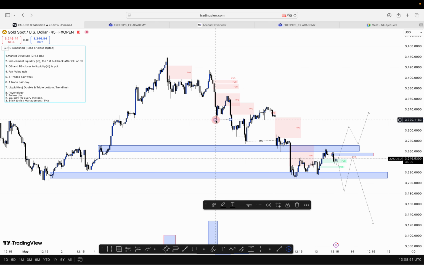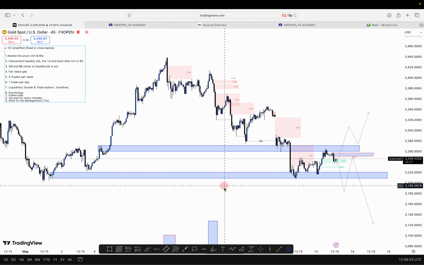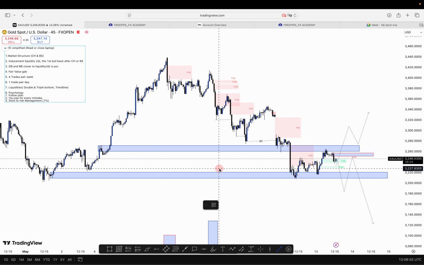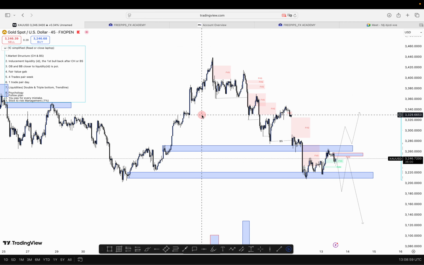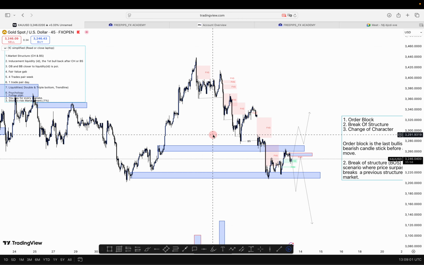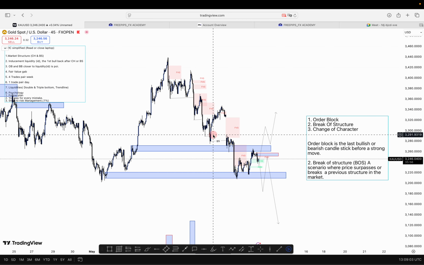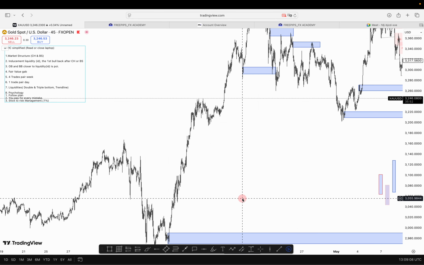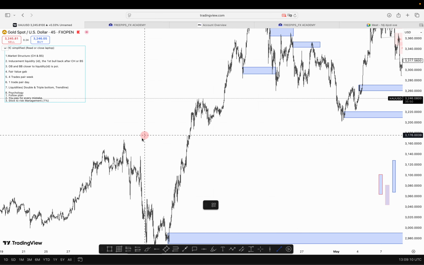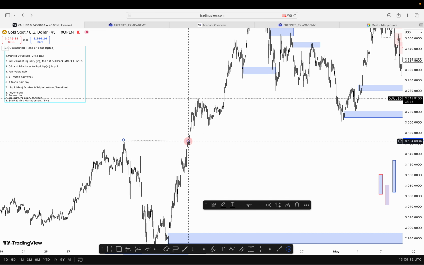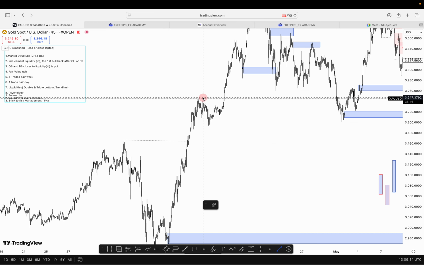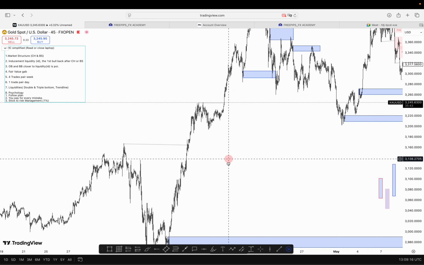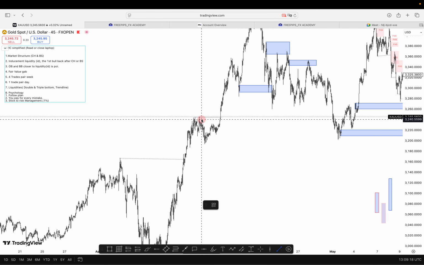So this is a break of structure to the lower side, break of structure to the lower side. This is a break of structure to the lower side. So that is a break of structure. And for a break of structure to the top side, this is a break of structure, because we are breaking previous highs.